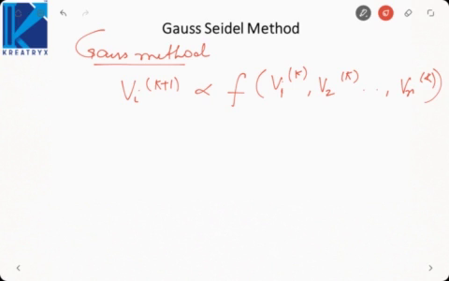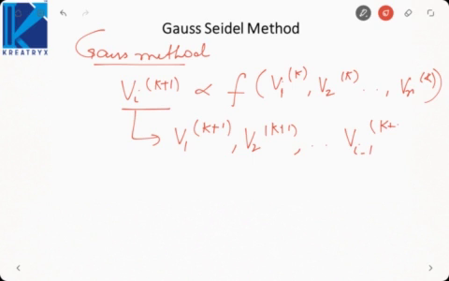But if we are finding the voltage sequentially, then when I am determining Vi k plus 1, I will already be knowing V1 k plus 1, V2 k plus 1 up to Vi minus 1 k plus 1. These voltages would already have been calculated. So for a faster convergence, we will use these voltages to determine Vi k plus 1.